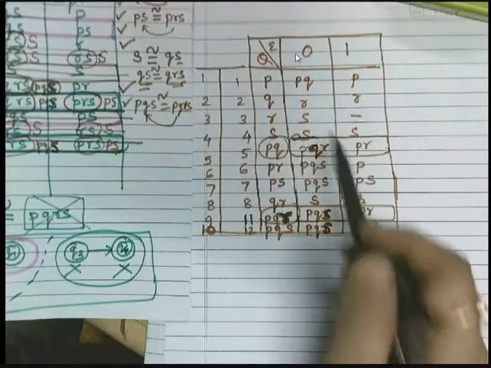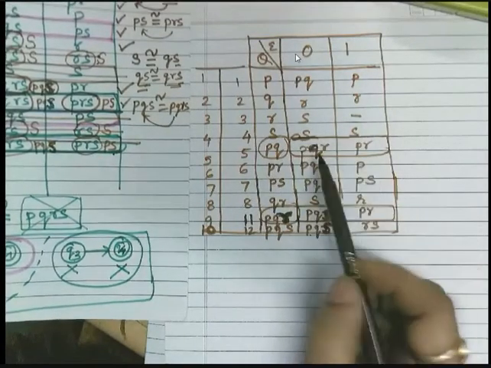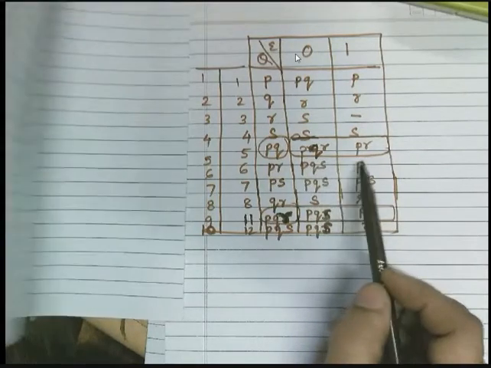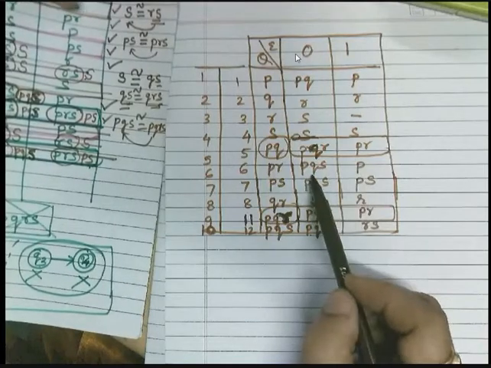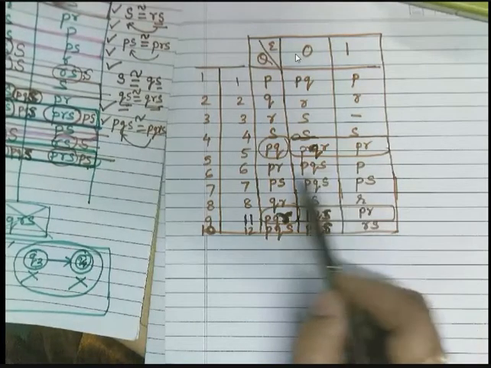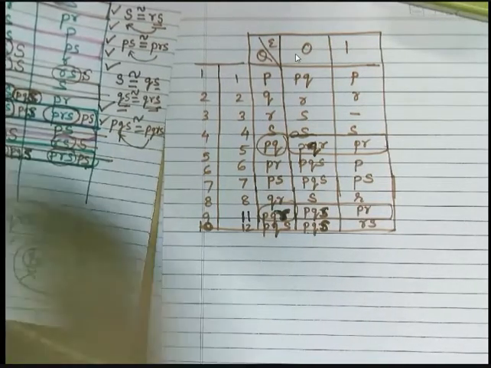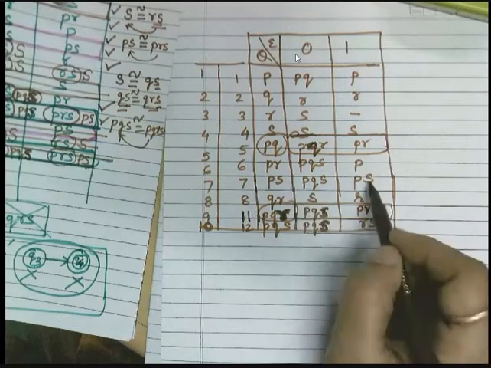Okay, let me make here simply. Till what we have reached? PQ, PR, R, S, S, PQR, PR, PQS, P, PQS, P, PQS. For PR it is PQS, P, for PS it is PQS and PS, right?